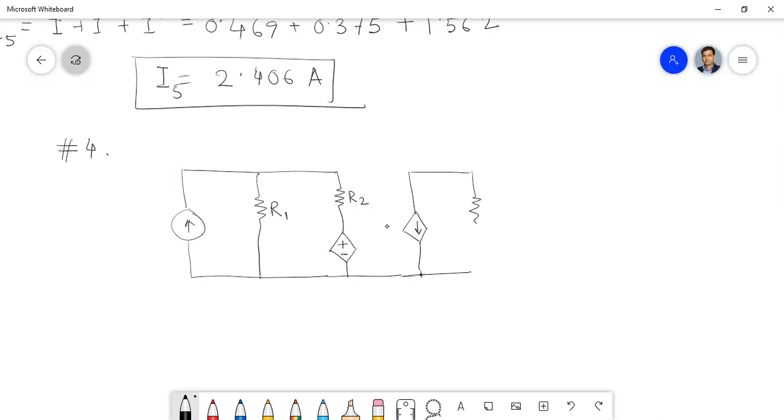Why am I discussing this problem? Because till now I haven't discussed any problem with dependent sources, and you have some doubt regarding dependent sources, isn't it? So therefore I have taken this one.